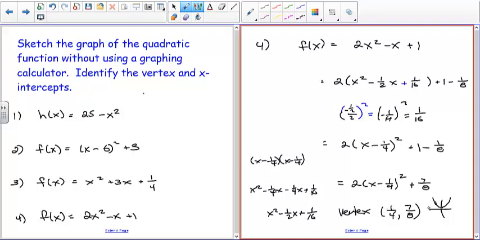So there aren't going to be any x-intercepts. There would be a y-intercept, which would be y equals 1, because if we stick 0 in for these two, we'll get 1. And as far as drawing it, because of this factor of 2, we'll start at this vertex, and then we'll go over 1, up 2, instead of over 1, up 1. So that's kind of how we draw this thing.